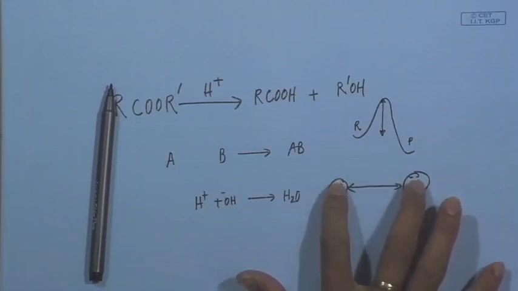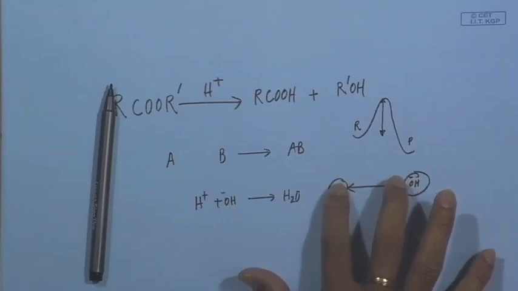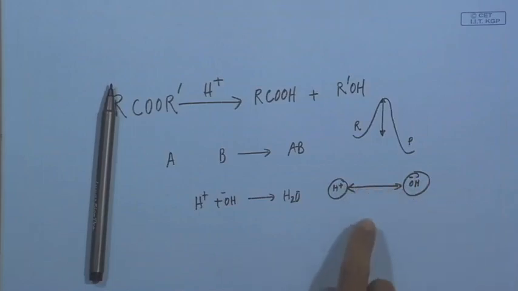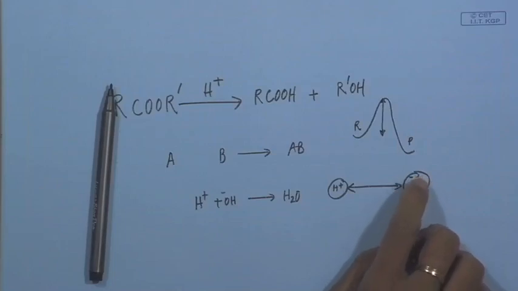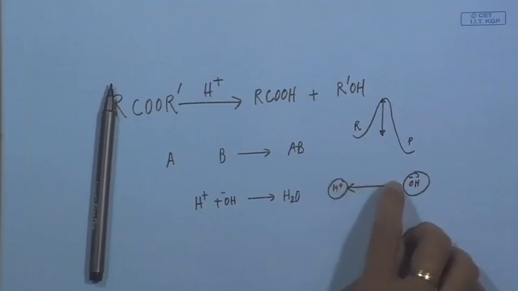So in this process of coming close to each other, they have to swim, and they will move towards each other. If the viscosity of the solvent is very high, then the movement of OH minus from here to this position, or maybe H plus from here to this position, will really be affected, that is, slowed down.